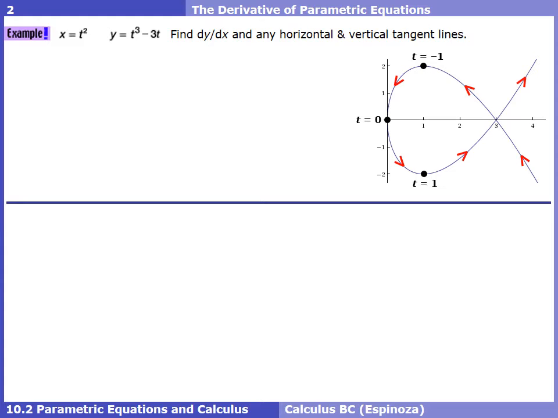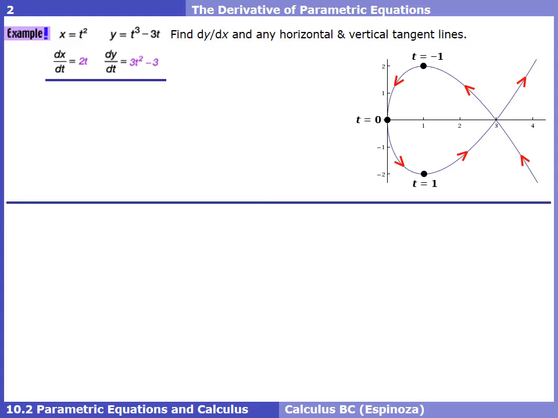We just want to figure out what dy/dx is and where we have horizontal and vertical tangents. And you can actually see those horizontal and vertical tangents in the picture, but let's go ahead and find dy/dx first. To find dy/dx, the derivative of y with respect to x, we need to take the derivative of the x equation with respect to time, and we need to take the derivative of the y equation with respect to time.